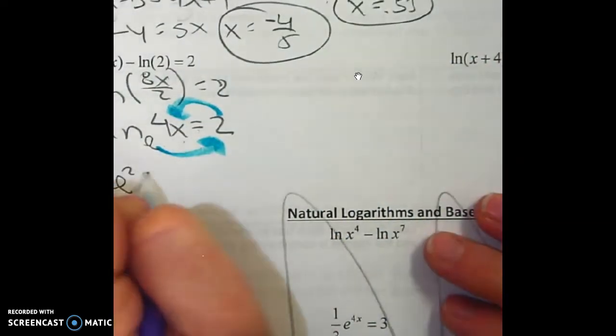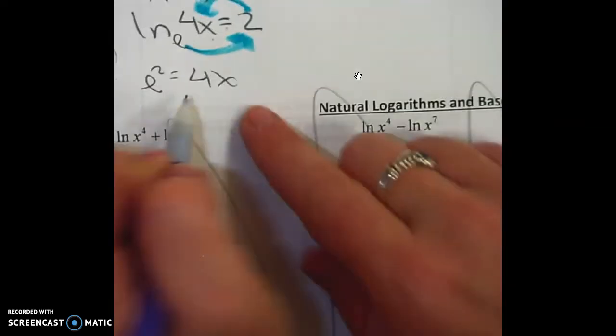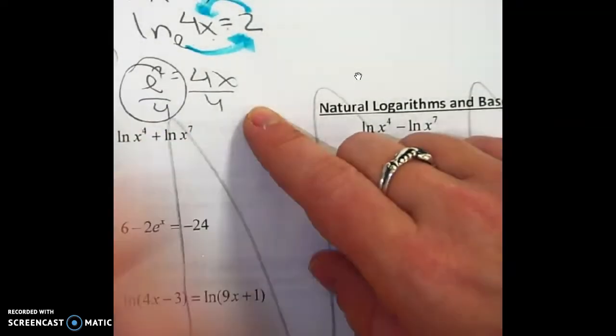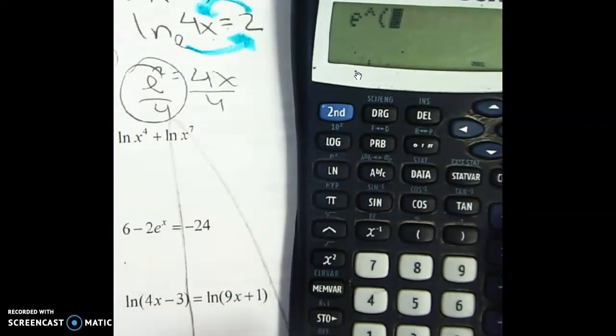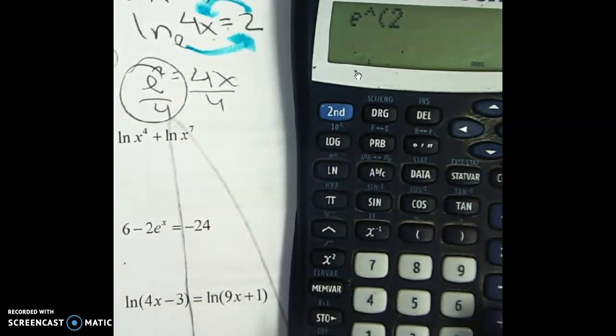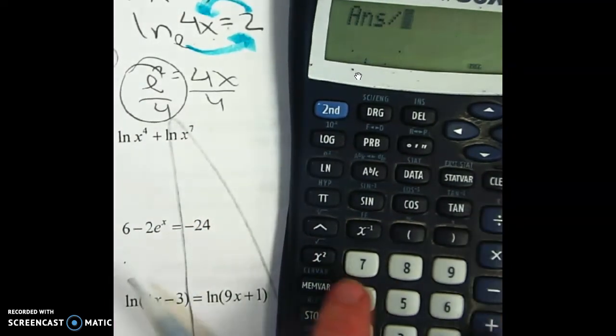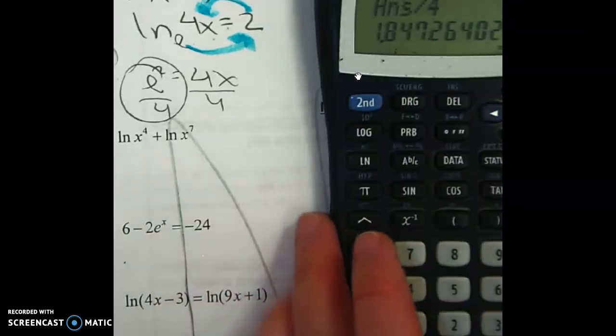So you go e squared equals 4x, and then you divide by 4. So I'm going to take this and put it in the calculator. So I go second natural log, I get e squared, it's a value, divided by 4. And I get 185.